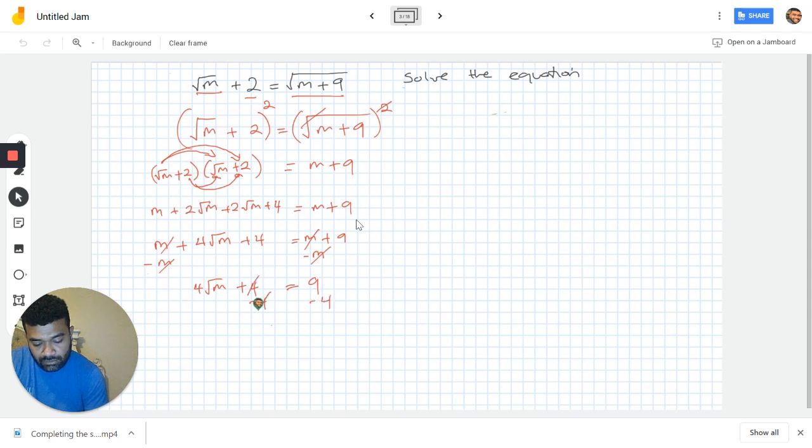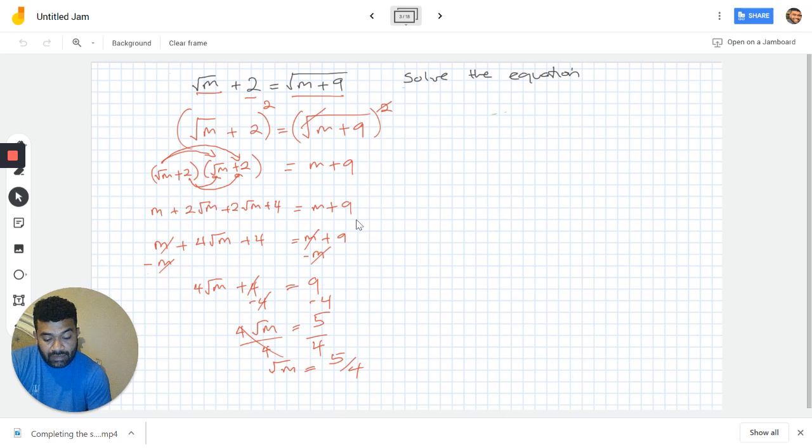These two will cancel out. I'll be left with 4 root of m is equal to 9 minus 4, which gives me a positive 5. And then I divide by 4. This will cancel out. I will be left with just the root of m is equal to 5 over 4.